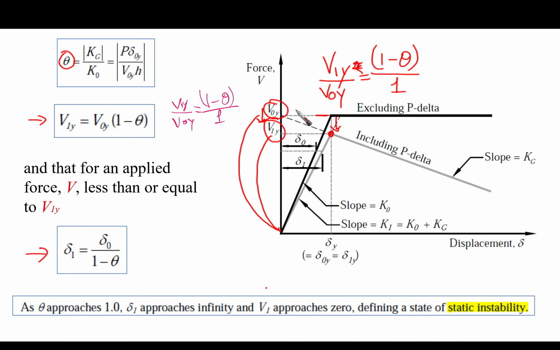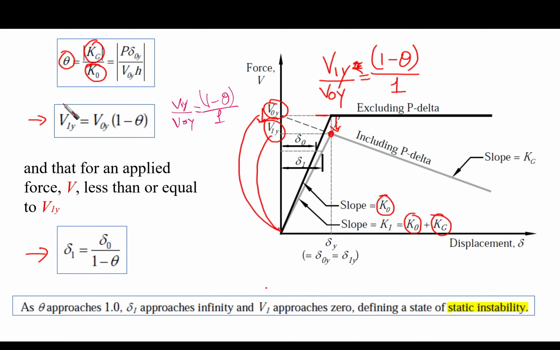Because the difference in the slope is theta, which is actually the ratio between the difference of the slope, Kg, over K node. Remember that here the initial slope is K node. The slope with the inclusion of P delta is K node plus Kg. So this theta is measuring for us the difference between the two over the original initial stiffness.